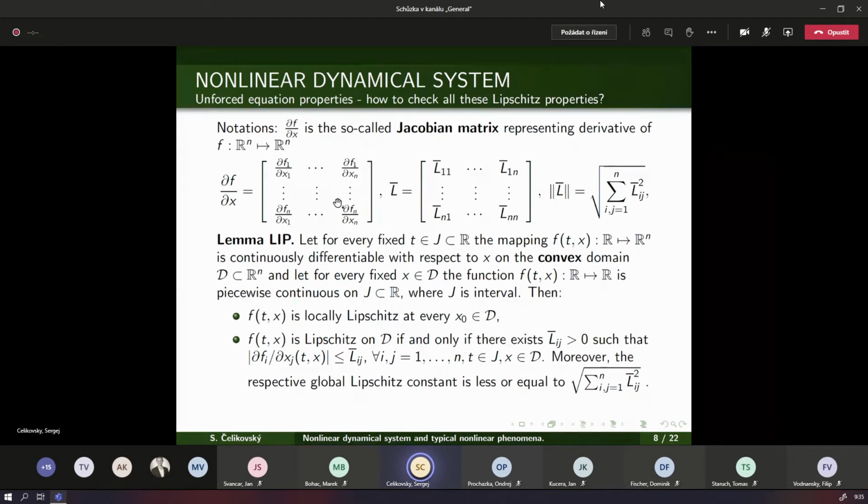Then of course one of the possibilities how to study the Lipschitz property of this right-hand side f is that we consider this Jacobian, then we simply denote by L bar some constants for bounding each of these components, and also consider the norm of this matrix.